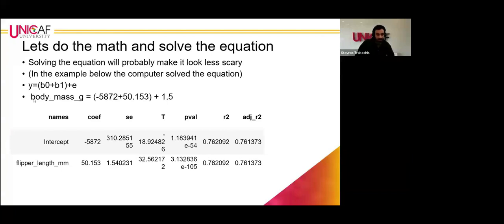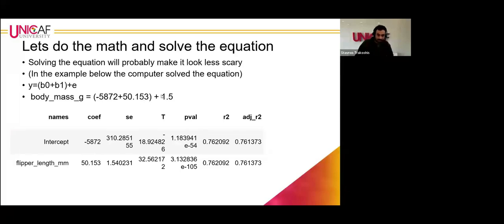So my independent variable is my body mass, in grams, for every penguin. And I want to know where to start drawing the line. This is called the intercept. As the model is saying here, intercept has a beta 0 coefficient of this number, and my B1 coefficient is this one, which is this number here.